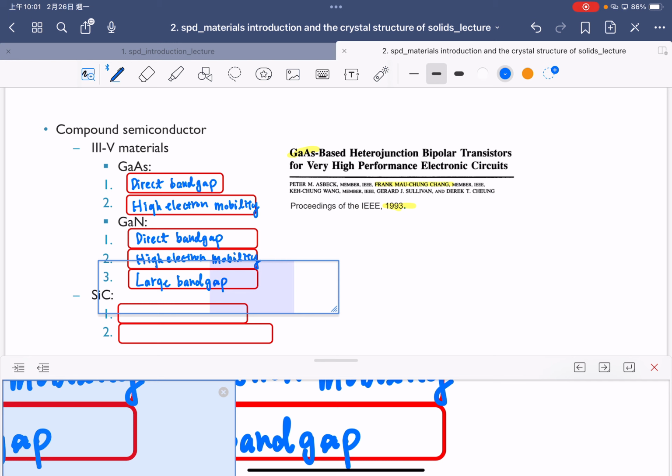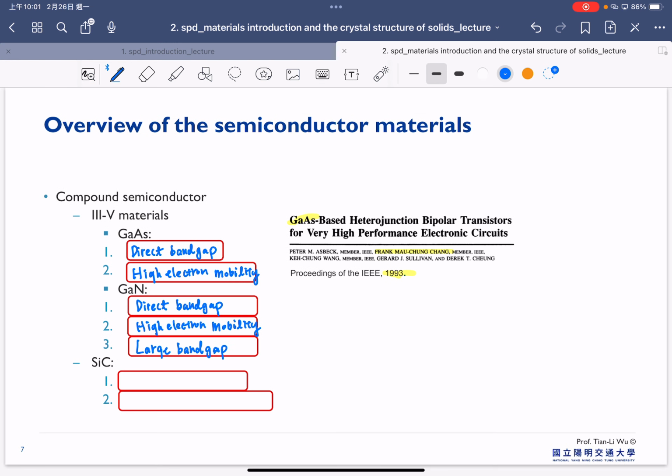Especially, the large band gap of gallium nitride is 3.4 electron volts. That's actually 3 times larger than silicon. In the last slide, we mentioned the silicon number is 1.1 electron volts, but for gallium nitride we have 3.4. That means this is a pretty large band gap. Another good thing about the direct band gap is that it can be used for LED technologies.